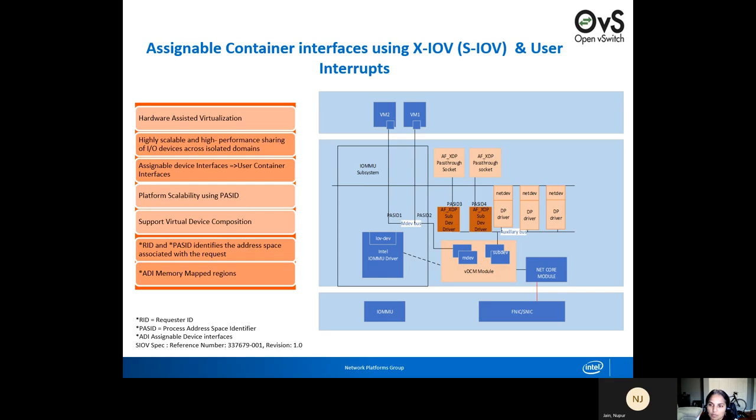So here is a solution for the fifth element that we spoke about in our first picture, which is about the container interface itself. As part of the solution, what we see is there are 4 things required to scale. One is a lighter weight virtualization provided by platforms like the newer versions of VTT, which is SIOV, which provides assignable device interfaces.